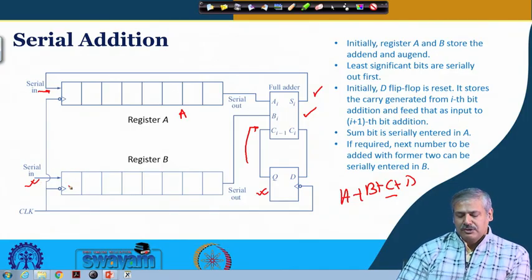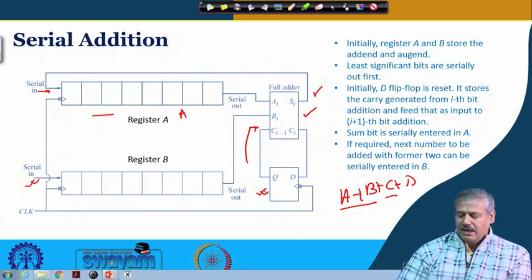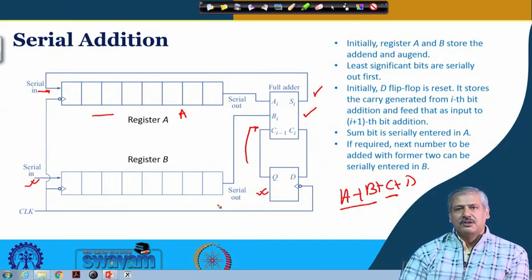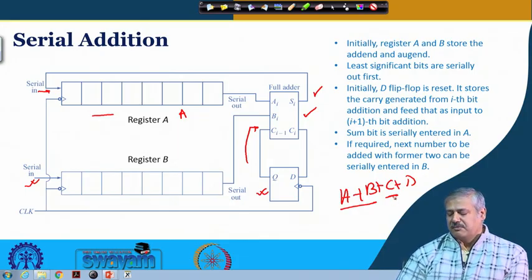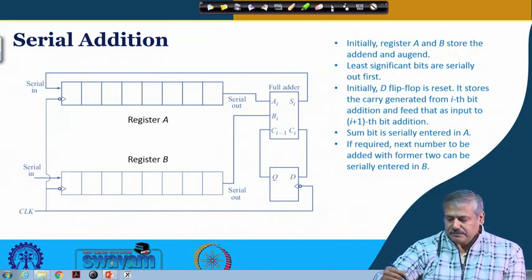After 8 clock pulses, the A plus B result will be stored here, with carry, and by that time C is already loaded here. So, with another 8 clock pulses, A plus B plus C will be generated. This is the way it will go on. Is it clear?